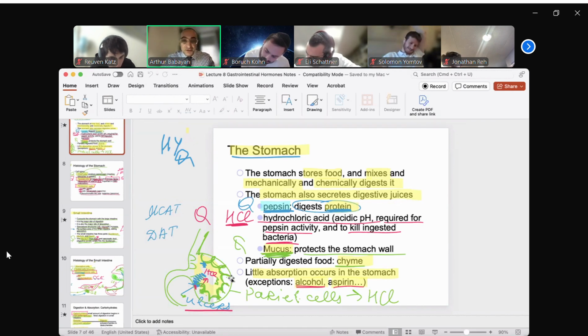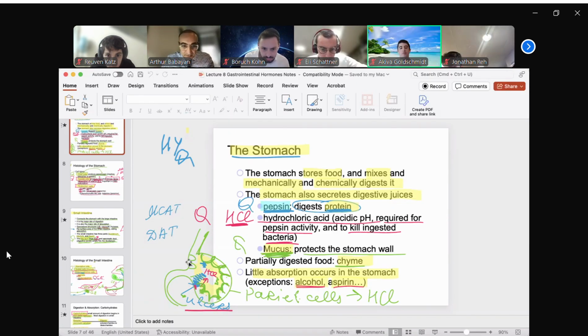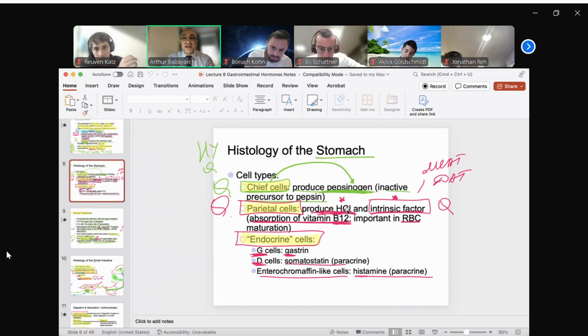Here, in front of you. Parietal cells are located in the stomach. They produce hydrochloric acid, and the second function is the activated intrinsic factor. Parietal cells produce hydrochloric acid and intrinsic factor.